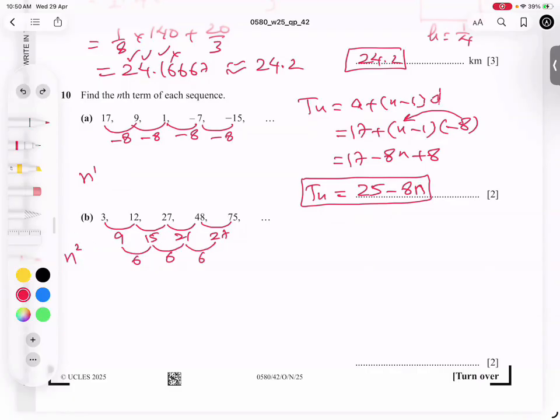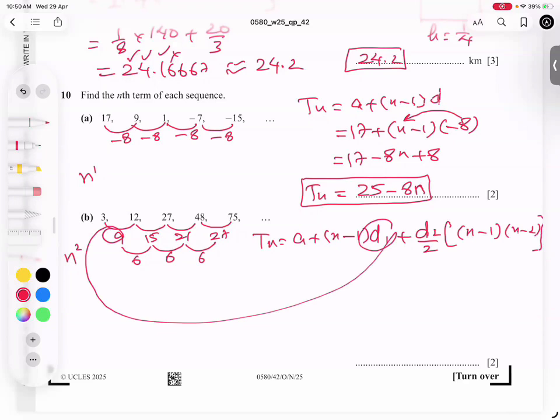For this we have two techniques, one longer way and one shorter way. Longer way, I'm writing first of all a plus (n minus 1) into d1 plus d2 over 2 in the bracket (n minus 1) into (n minus 2). This is the formula. d1 is called the first difference. d2 is called the second difference.